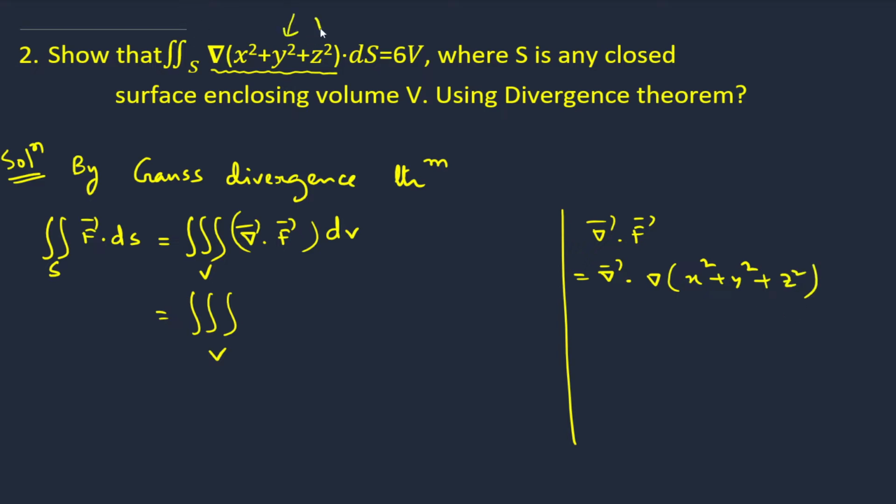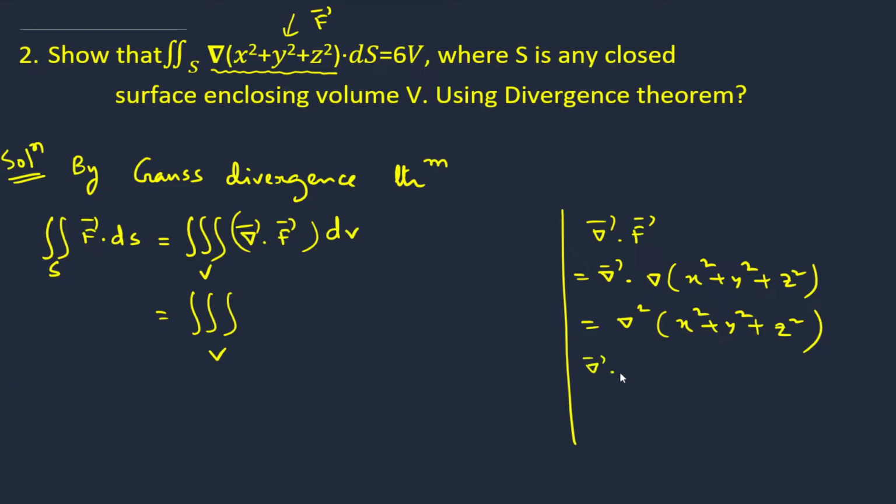Okay, this is our f bar. Already one nabla is there, then f bar is nabla of x square plus y square plus z square. So how to find it? Nabla dot nabla, you all know that is nabla square, of x square plus y square plus z square. Now what is nabla square?